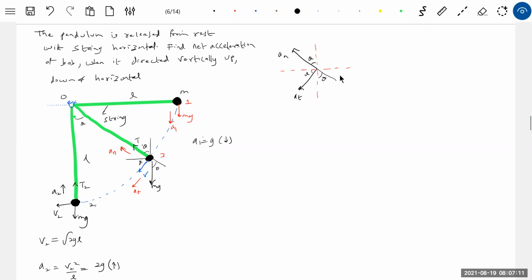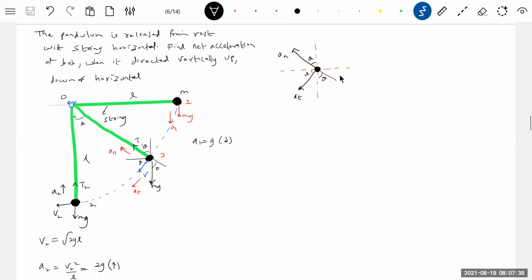The total acceleration of the bob will be horizontal only when the vertical components of a normal and a tangential are equal and opposite. If a_n cos theta equals a_t sin theta, then the components along the x-axis get added up and the net acceleration of the bob will be horizontal. He is asking how much that acceleration is and where it will happen.